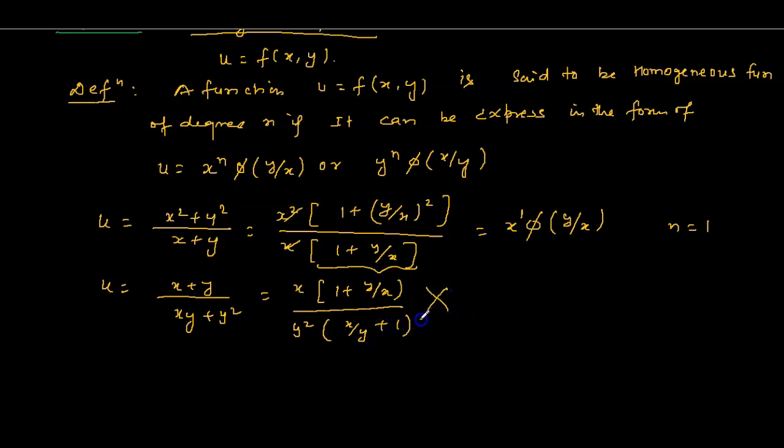So this is not homogeneous, because here this function is x by y, this is in terms of y by x, so this is not a function of y by x. So you should get it in terms of x to the power n phi of either x by y; if you take y to the power n common here, phi of y by x, then it is said to be a homogeneous function.